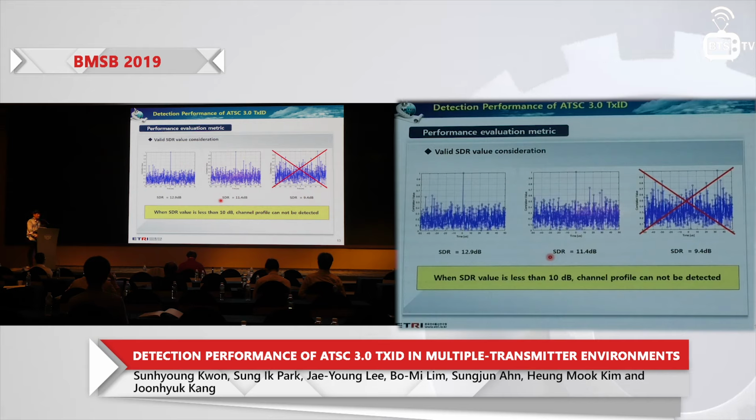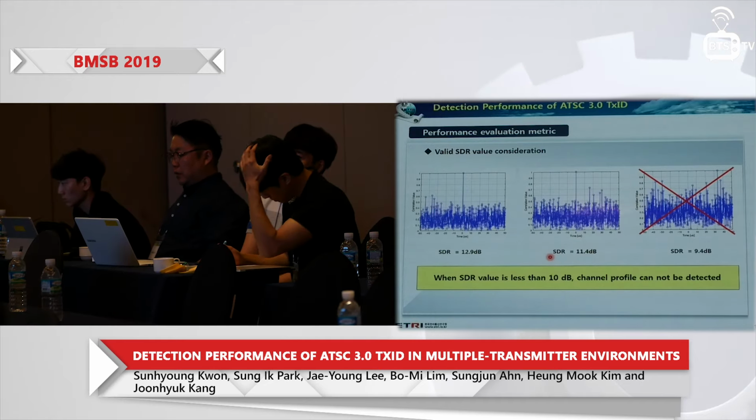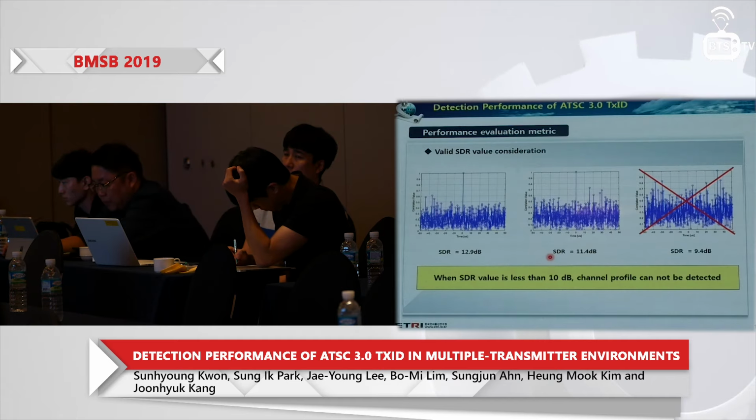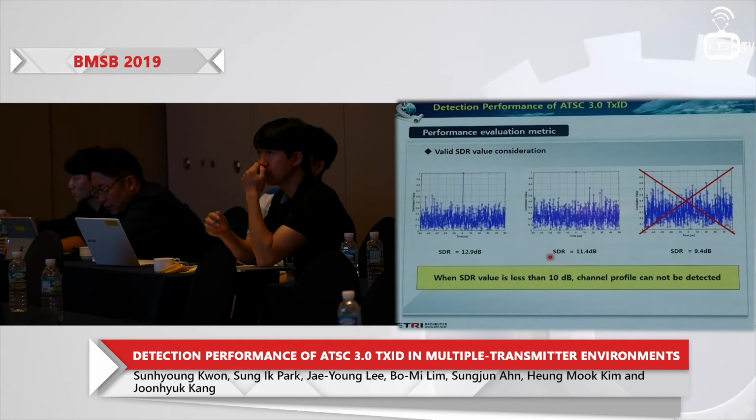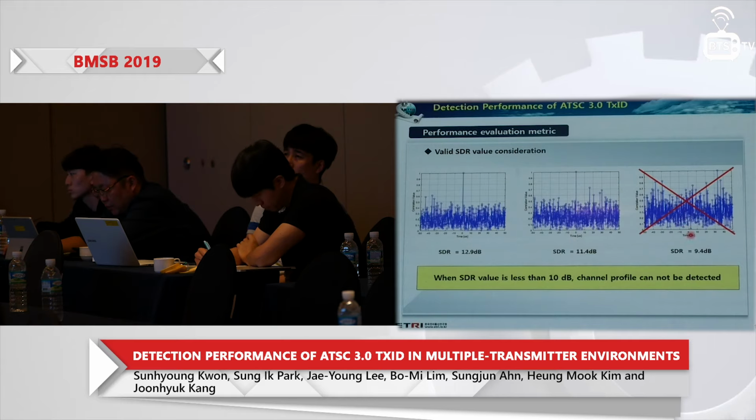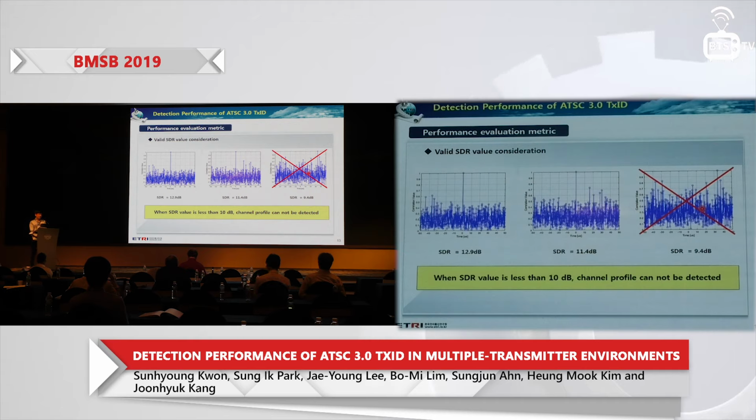So here are some examples of TxID detection results with various SDR values. As shown in these figures, when the SDR value is less than 10 dB, the rightmost figure, it seems that the channel profile cannot be detected correctly.